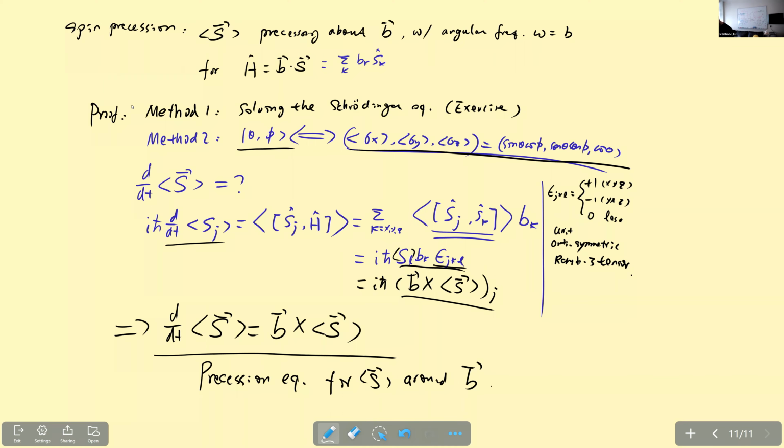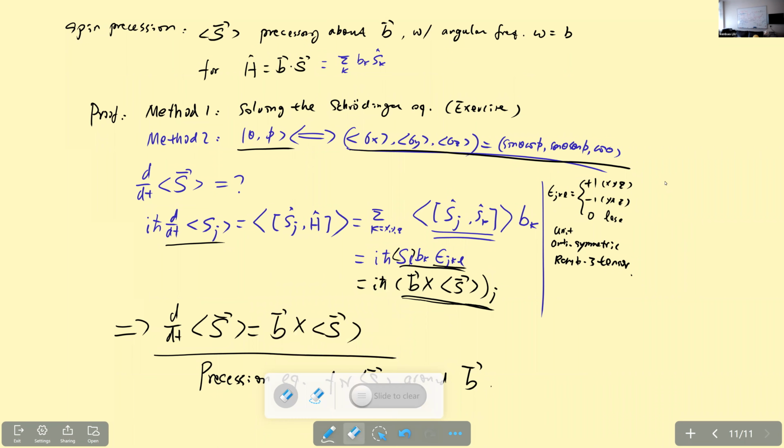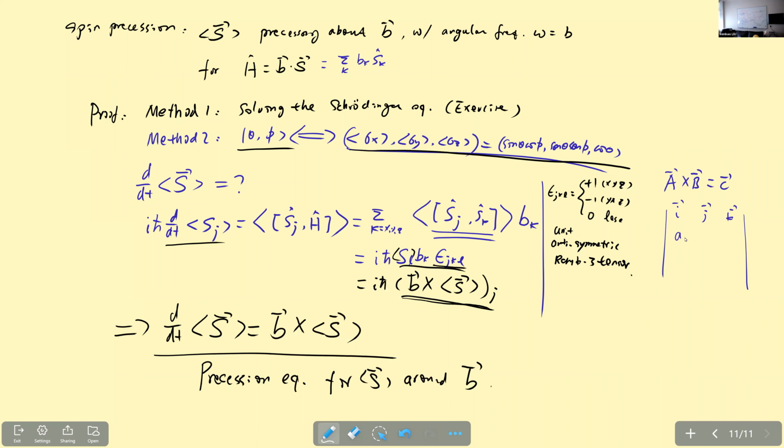So I don't know if you know a little bit about this one. Let me give you a little bit of explanation. If you have two vectors, A cross B equals C, right? So basically, we write this as a determinant with i, j, k, then Ax, Ay, Az, and Bx, By, Bz, that equals C. Okay.